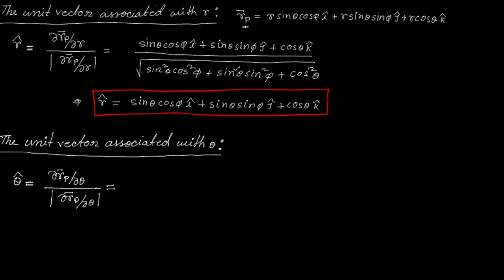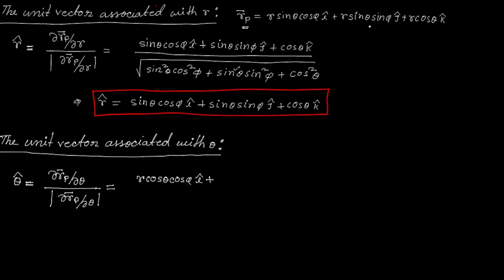So this is our rp vector. We have to take a partial differentiation of this rp with respect to theta. That means we'll differentiate this rp keeping r and phi fixed. So if we do that, what we'll get is r, differentiation of sine theta will be cos theta, and then cos phi i cap.